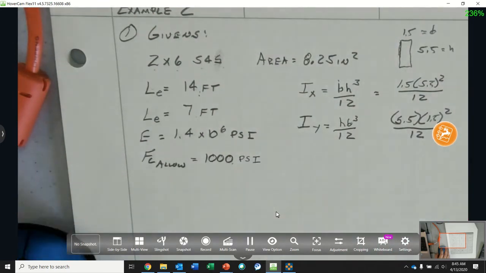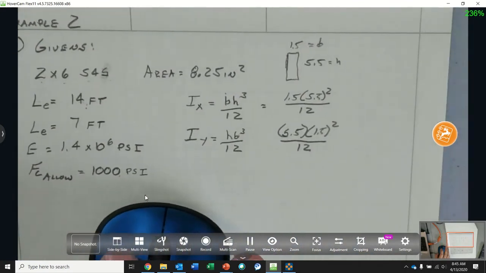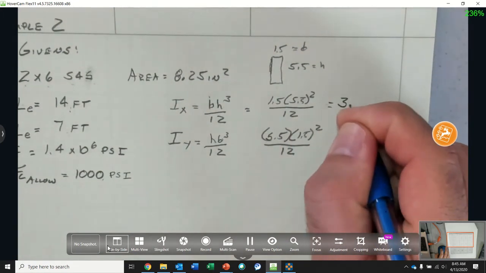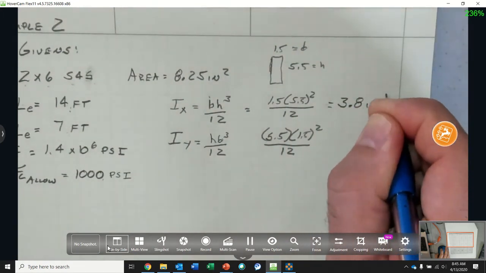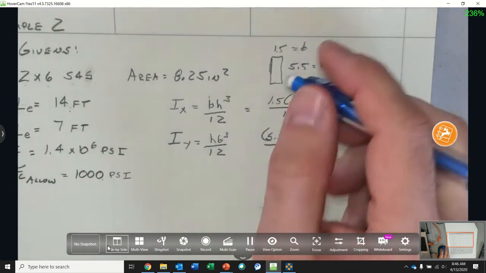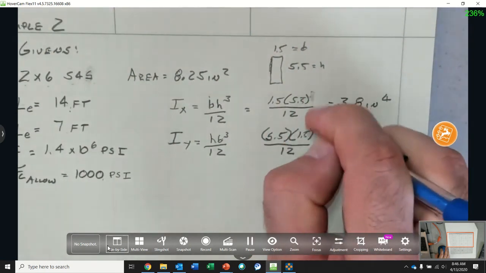Let me plug and chug these into the calculator. 1.5 times 5.5 squared divided by 12 gives 3.78. But that looked a little small.